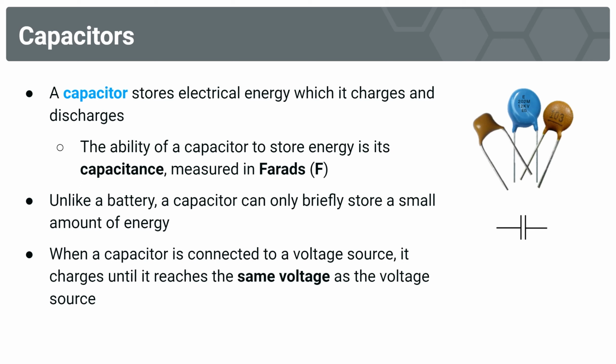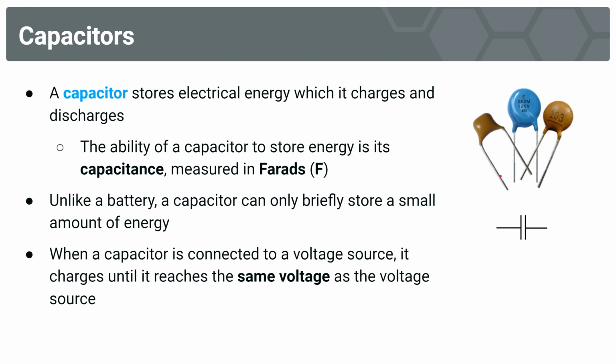A capacitor stores electrical energy, which it charges from a circuit and discharges back into the circuit. Now, the ability of a capacitor to store energy is called its capacitance, which is measured in units we call farads. On the right, you'll see a type of capacitor, which we'll use often in this course.